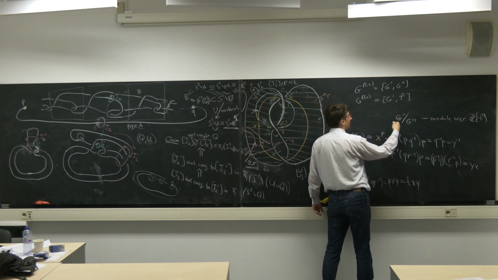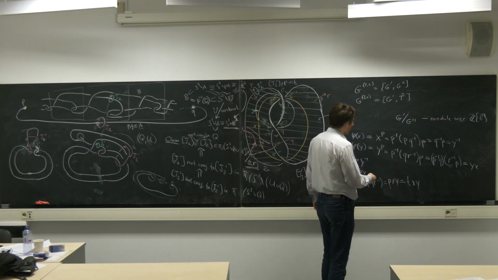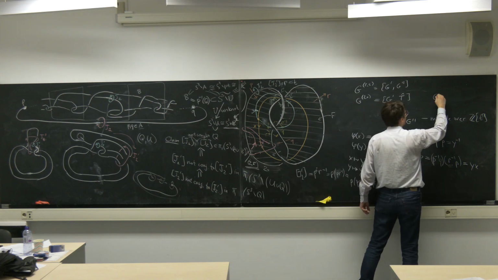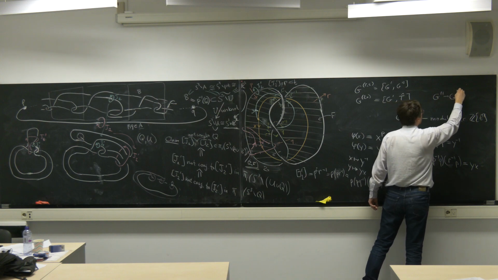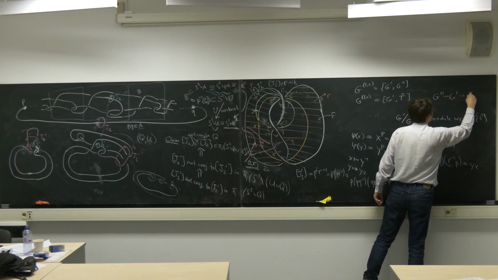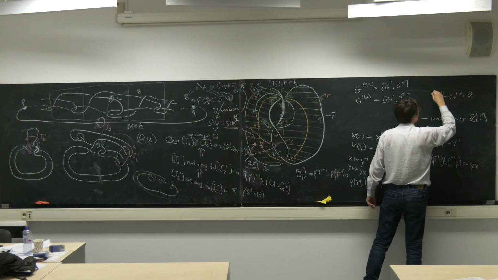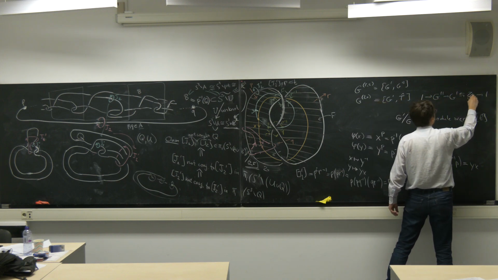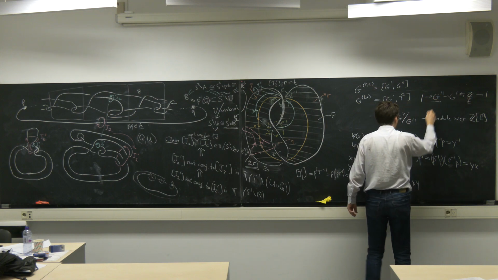Because this is the homology of the infinite cyclic covering, for example, or because again we have this short exact sequence, and if you choose a splitting, then again the generator T acts on this G prime prime.